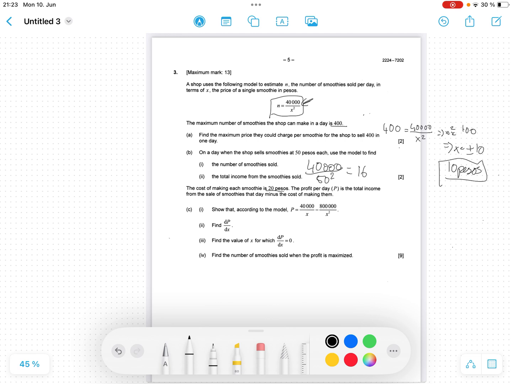And part 2 says the total income from the smoothies sold. So total income will just be 16 times the price, which is 50, which results in 800 pesos in total.